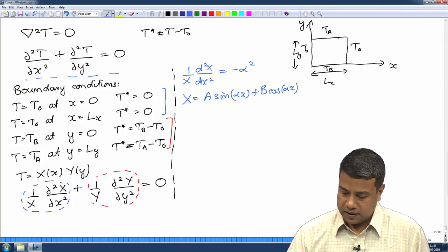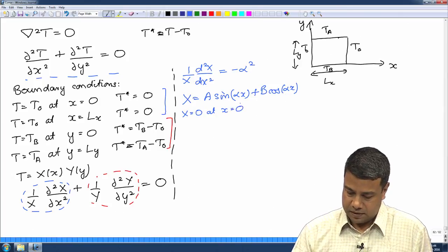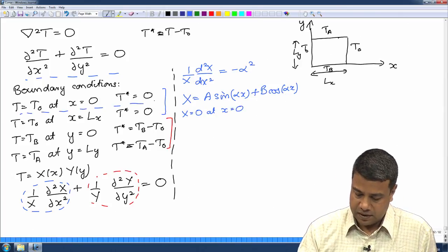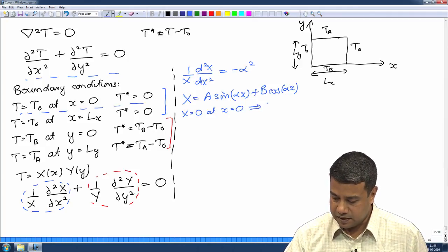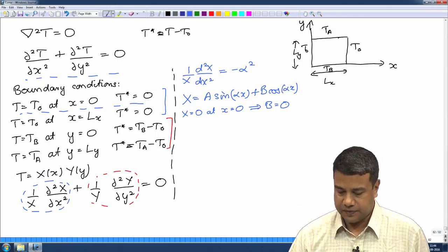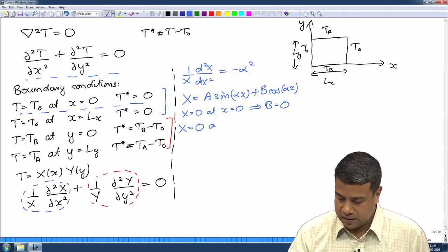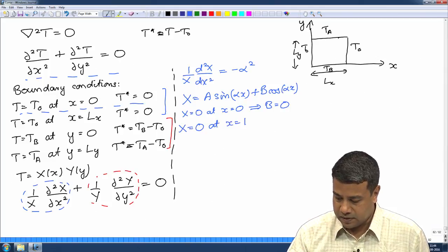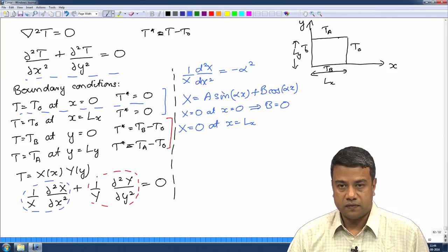The requirement that X is equal to 0 at x equals 0, the first boundary condition, T star equal to 0 at x equal to 0, will give me that b equals 0. I also have X equal to 0 at x equal to Lx, and that gives me a value of alpha.